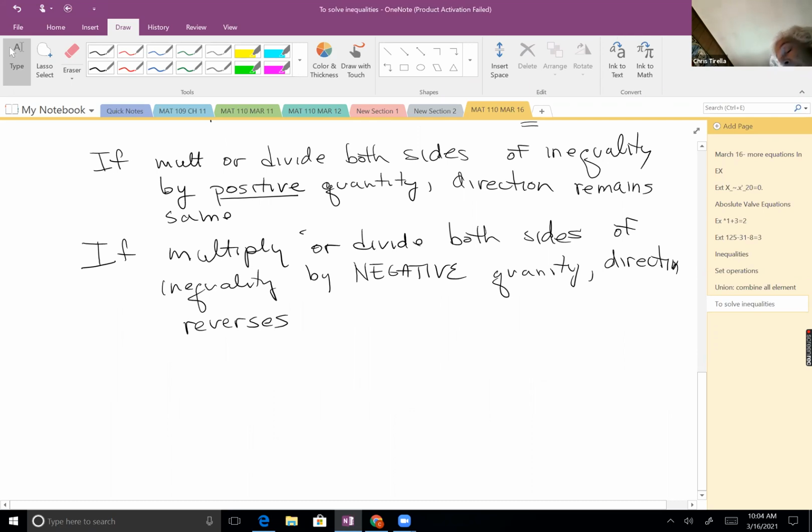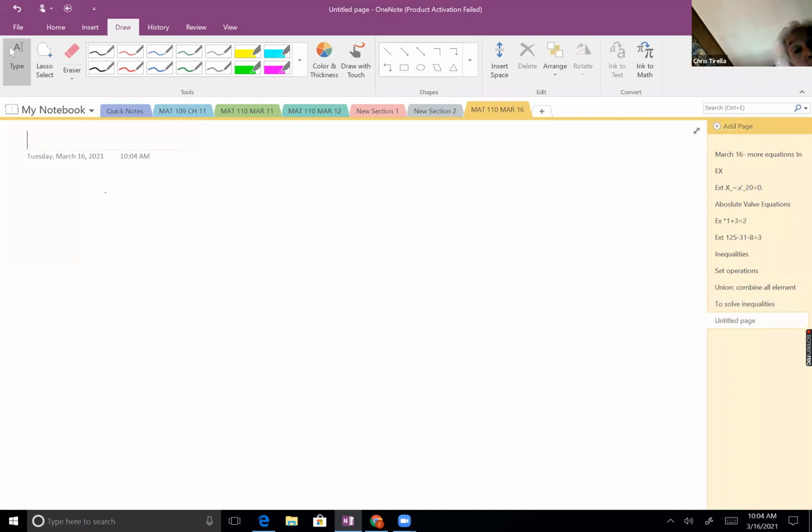So, does everybody have that down? Let's look at a couple of examples. First example, let's look at 2 times parentheses x plus 4, close parentheses, is greater than 3x minus 5.